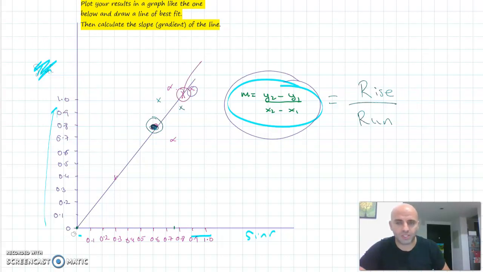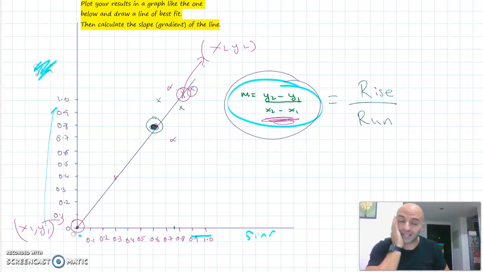So if I pick this point here, and you track down its coordinates, and you pick another one, you can use 0, 0 to be your bottom one, that's fine. So x2, y2 would be this one, and x1, y1 would be this one. And you simply apply your gradient formula, and you get out the slope of the line, and that again should work out to be the refractive index of the material.